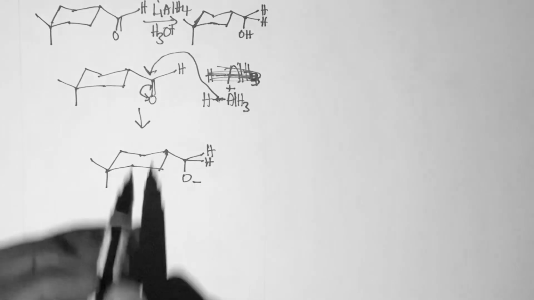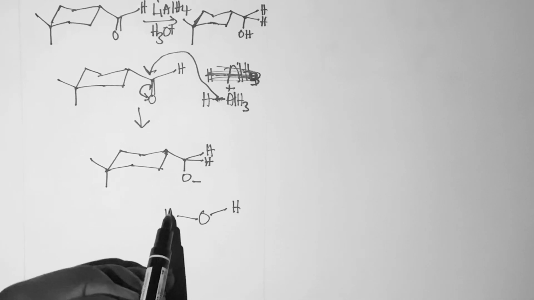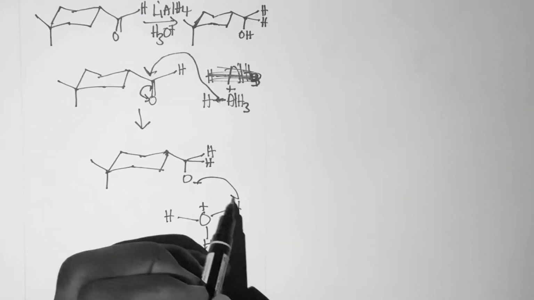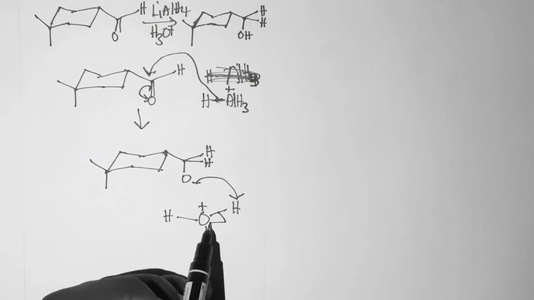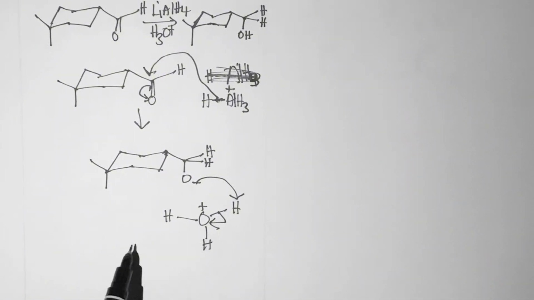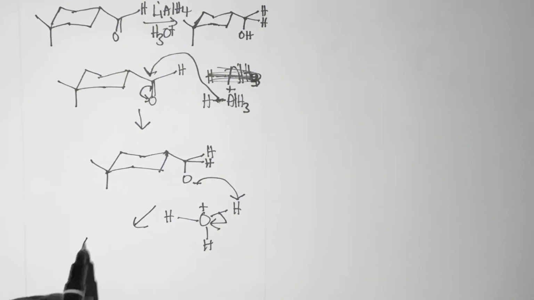But remember that we have H3O plus in solution. So this oxygen will pick up one of the protons and cause these electrons to be moved to this oxygen. So in the final step, this is what we are going to get.